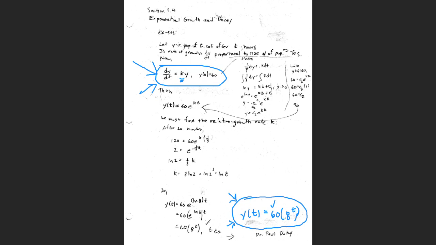And since we solved the differential equation once already, could we put together a general formula that we could just utilize in 7.4? And the answer is yes. So let me bring that formula up here.